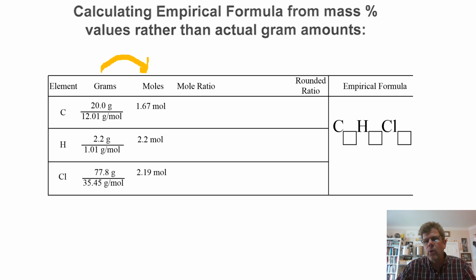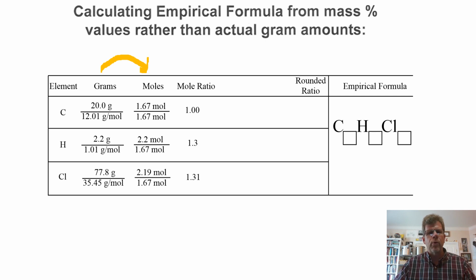And remember, there was a way of forcing these into compliance by dividing each of these molar amounts by the lowest number, and that is the top one, 1.67. So let's do that and see what we get. If we divide each of these by 1.67 and move towards a mole ratio, well, certainly this top one is exactly 1, but look at the other two below it.